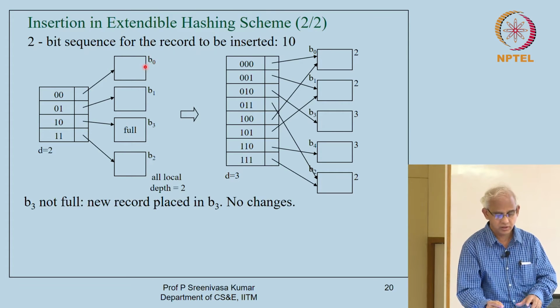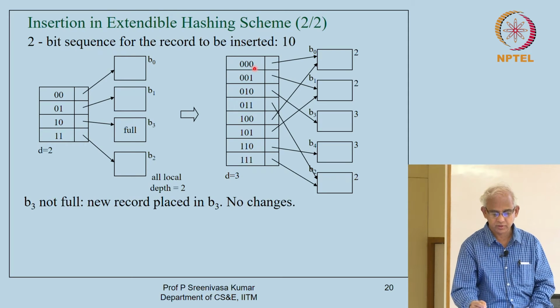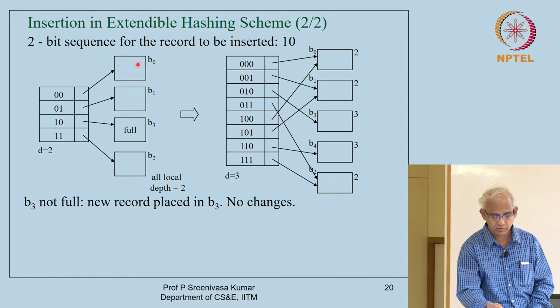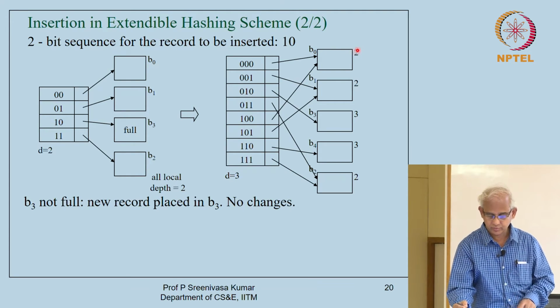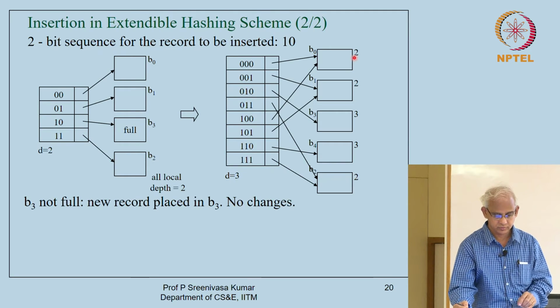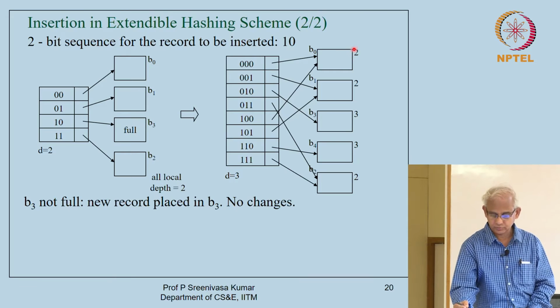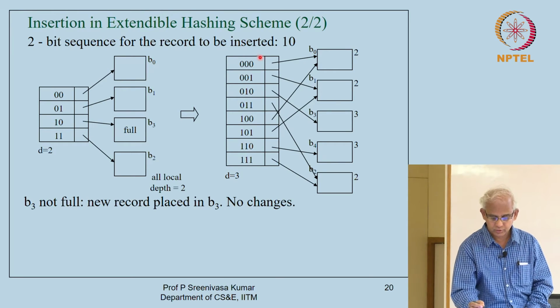That is how we will map this to the new directory. In the new directory, this B0 will continue to be there as it is, but now it has become a bucket with depth one less than the global depth. Here it was equal to the global depth, now it will be depth 2, and the global depth has become 3. So that means 2 of these entries will point to it.